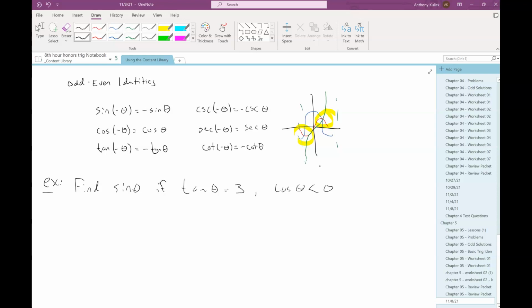All right, so what I'm going to do is search for my identities and see if I have anything that relates sine and tangent together with only those two functions.